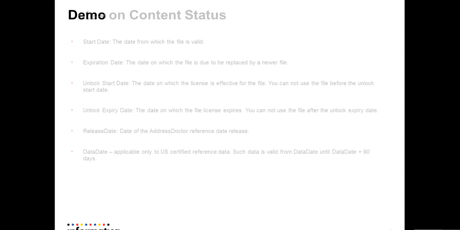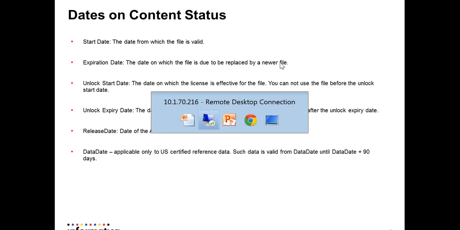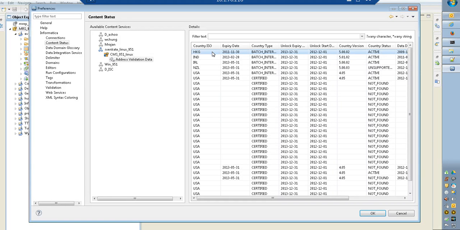So the start date is the date from which the file is valid, and the expiration date is the date on which the file is due to be replaced by a newer file, which means that beyond this date, for instance, let's consider HKG, beyond 2011 November 30th, the data of this address doctor file would be expired, but your mappings will still continue to validate.